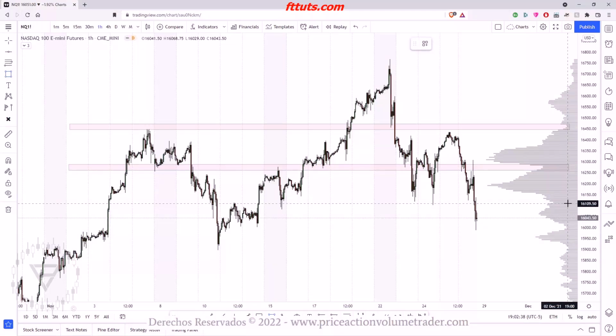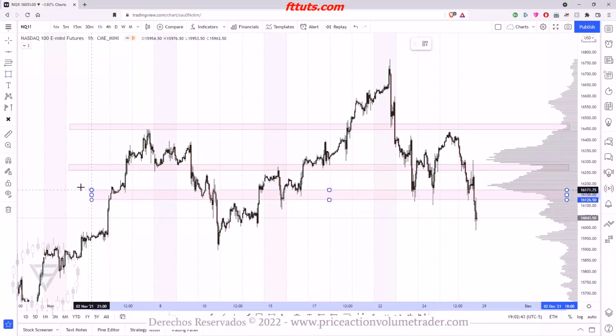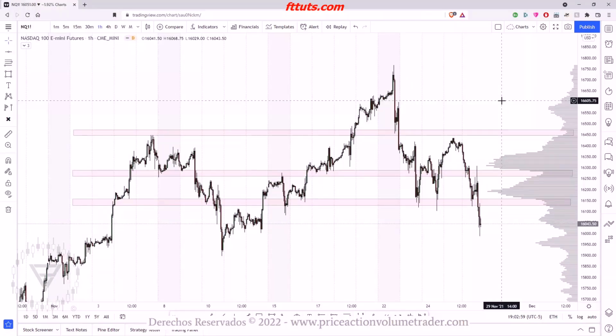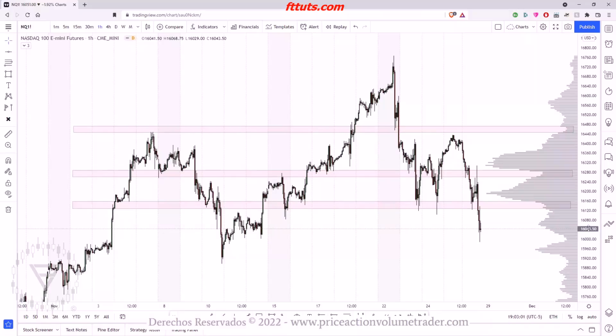And the way I like to do it pretty much is when I see prices are above these cuts, then I like to make them green, because then in my mind that reminds me that these are areas of support, and we're above them. If we're below them, I like to put them in red, because then that indicates to me that we are now possibly expecting rejections.